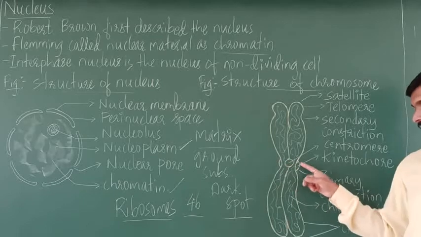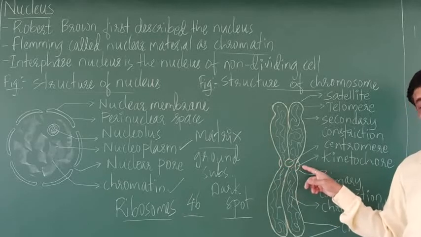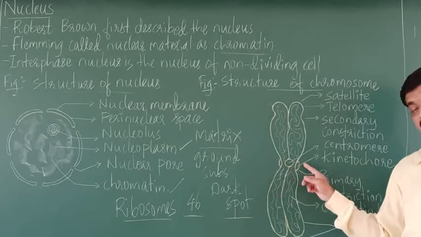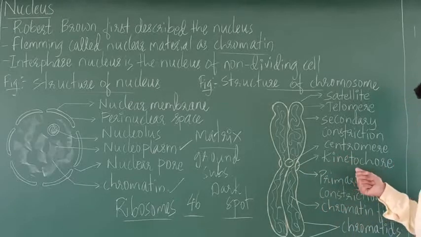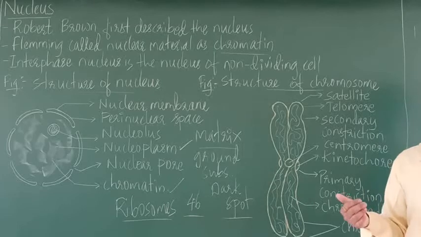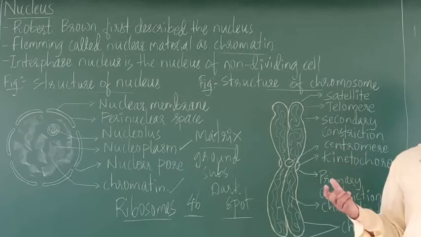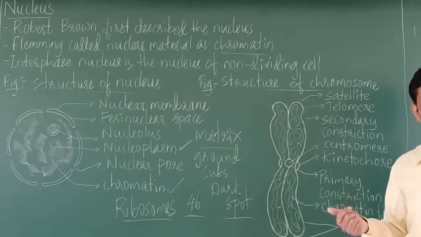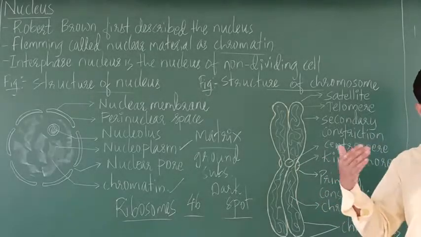On the outer side of the centromere, you find 2 disc-shaped structures called kinetochores. So the kinetochore lies external to the chromatid. Kinetochores are the point of attachment of spindle fibers during cell division. Again, I will tell you that when we discuss the coming concepts.